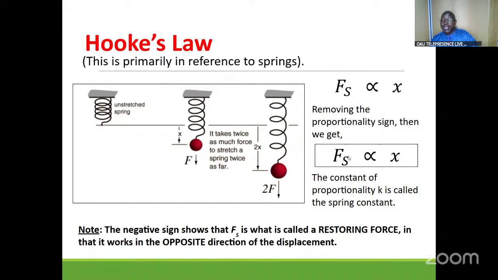Simply put together, the force is proportional to the extension. And if you increase the force to twice as much, as shown in the right panel here, the extension becomes twice. So correspondingly, as you increase the force, the extension increases.